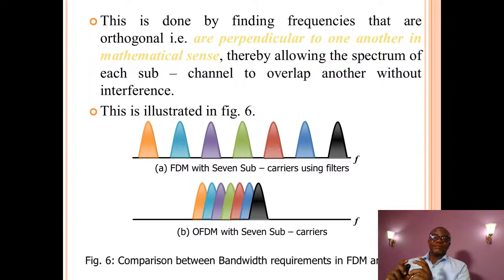These 7 channels, if you transmit them using just frequency division multiplexing, you will have those guard bands, you see spaces, separating them. That will make it so that to transmit one set of these 7 signals, you will use the bandwidth from that orange to the black.